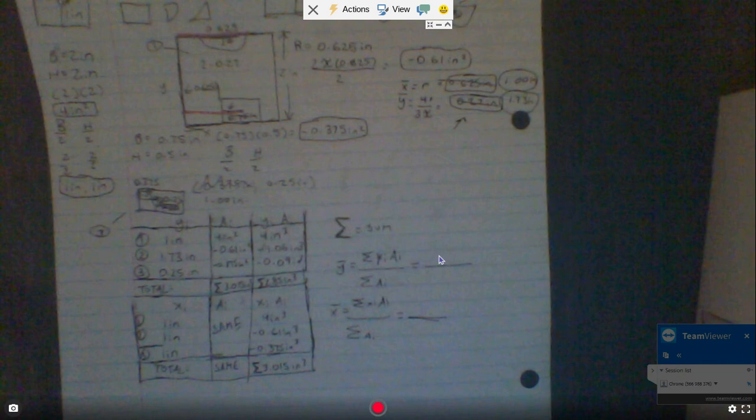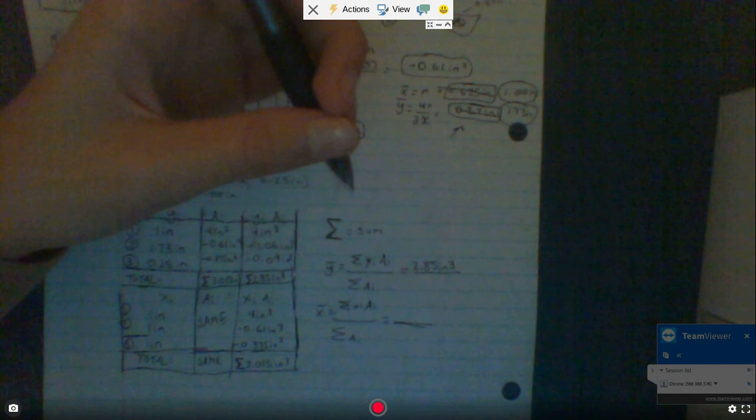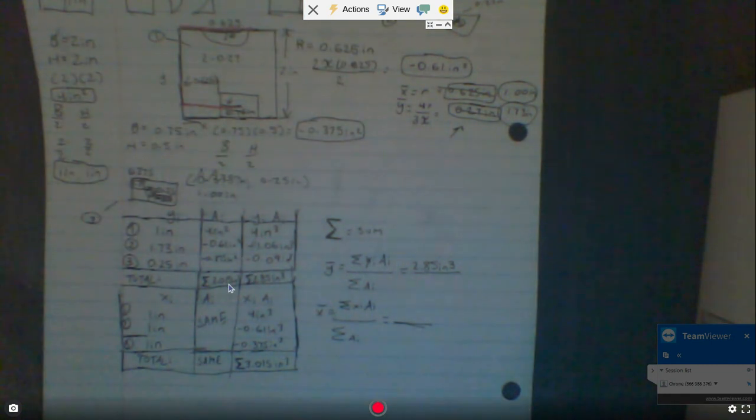So I'm writing 2.85 inches cubed. So then sum of ai is this. That is 3.015 inches squared, sorry.